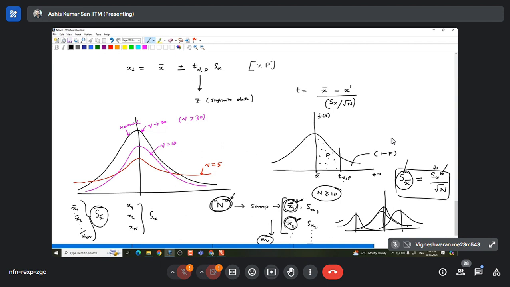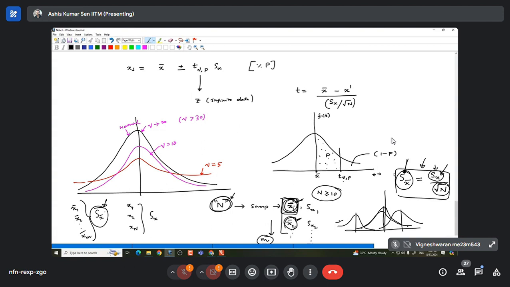Now, I'm saying that this standard deviation can be predicted by doing only one data measurement and dividing by the square root of n. So this is according to statistics. People have come up with this correlation that if you do only one measurement and you know how many data points are there in that data set, you can predict the standard deviation of the means.